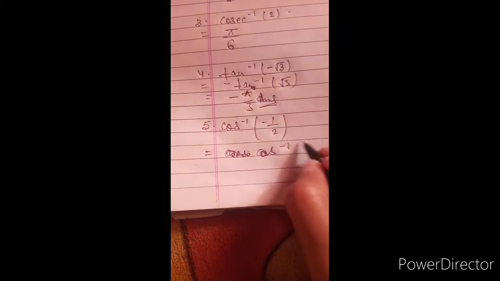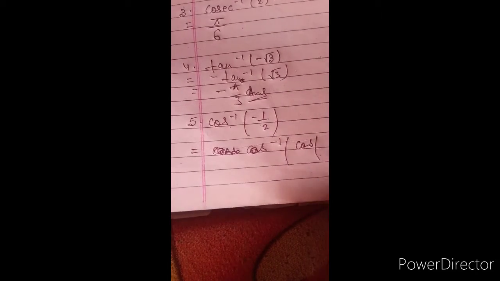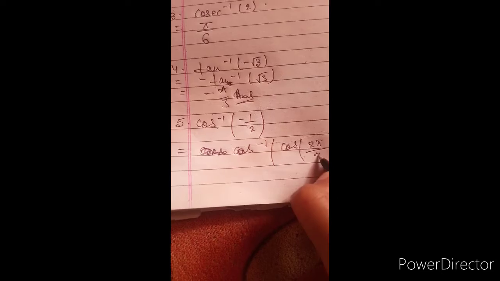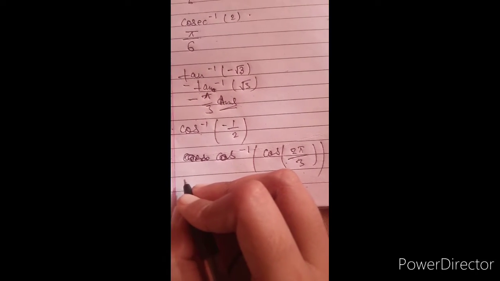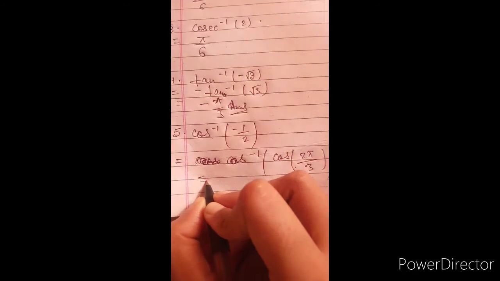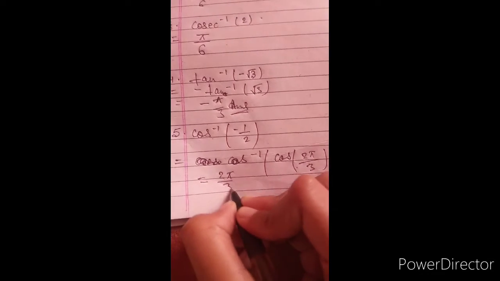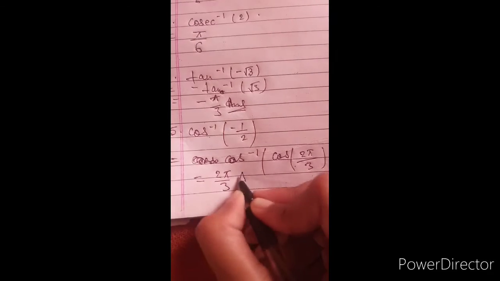So let us put here cos 2 pi by 3. Then its value is 2 pi by 3. So the answer of this question is 2 pi by 3.